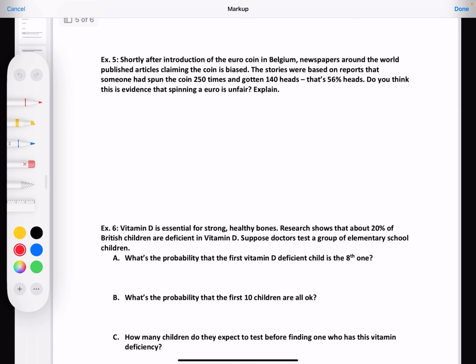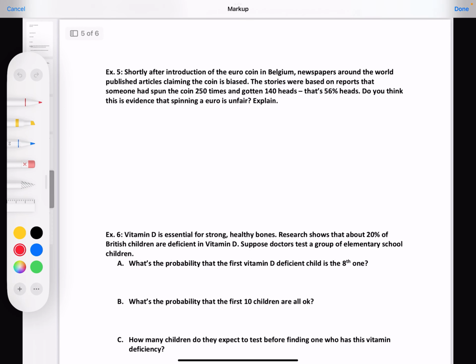All right, so I'm going to make this note up top. We could use a binomial model, but the normal model is easier, so that's what we're going to use. That's obviously given that the conditions are all met, so we need to check the conditions.